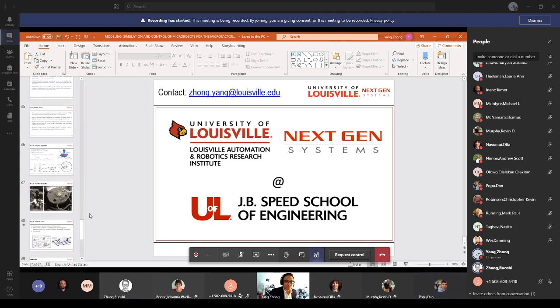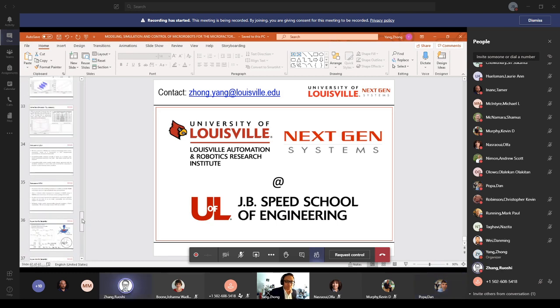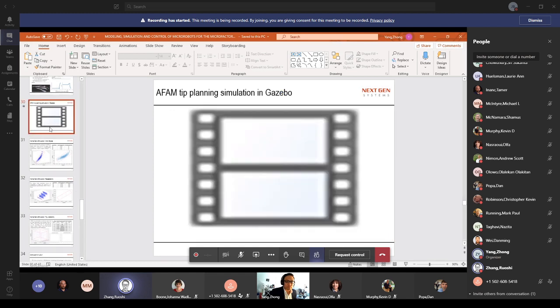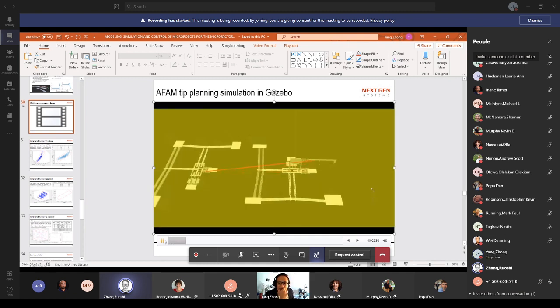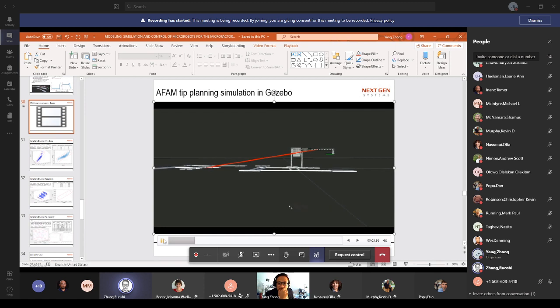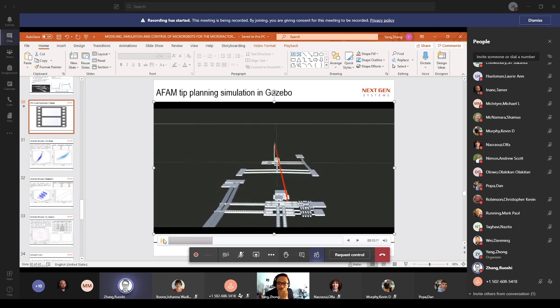I have a question, John. On your page 30, you're showing a video. Yeah. And I can see the entire actuator is moving towards one direction, right? Like this. Yeah. So when your actuator is moving like this, in one direction, does it capture the motion in the other direction?